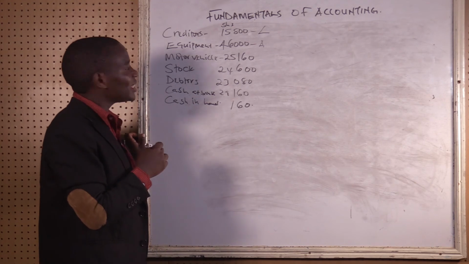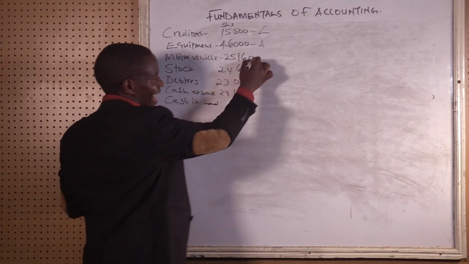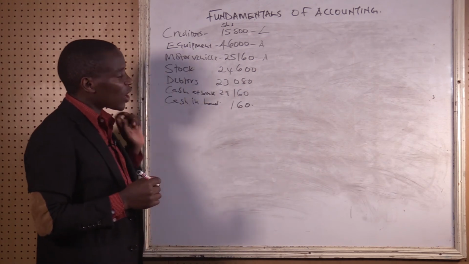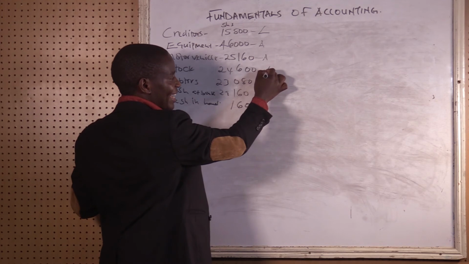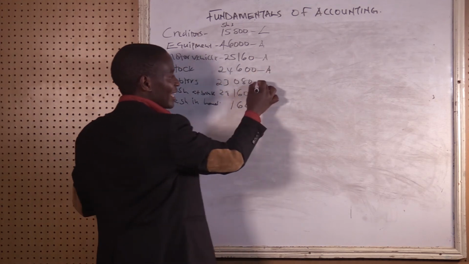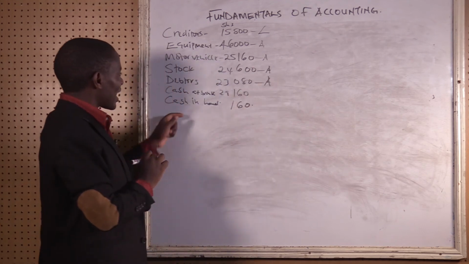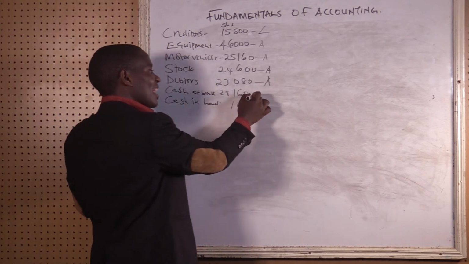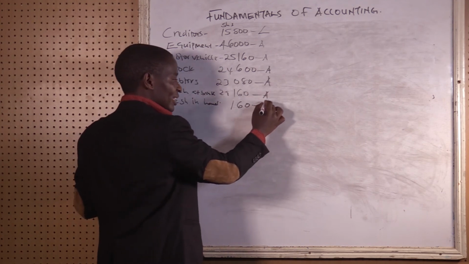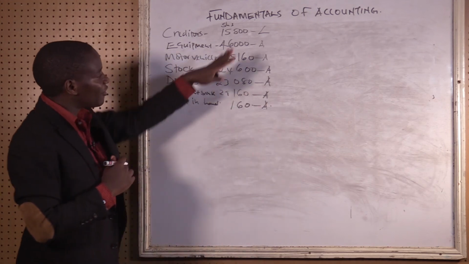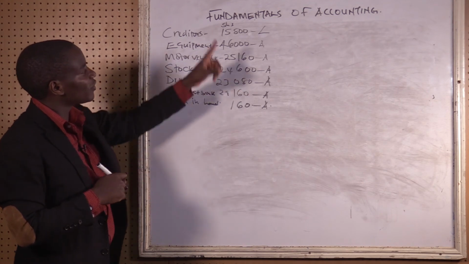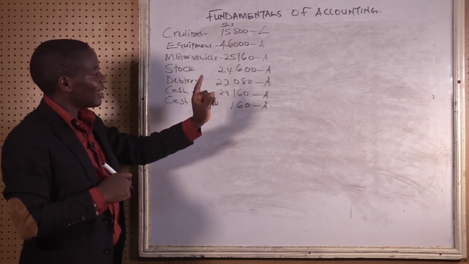Motor vehicles are also non-current assets. Stock, debtors and cash at bank are current assets. Cash in hand is also an asset. So we have identified our items as liabilities and assets.